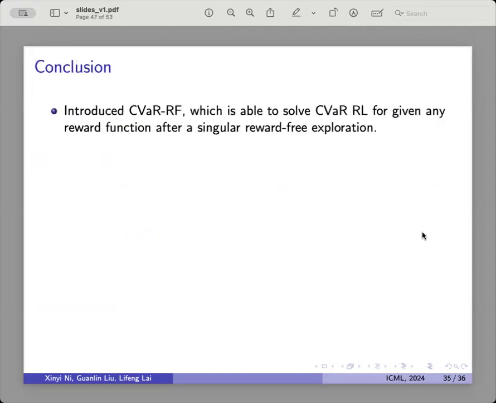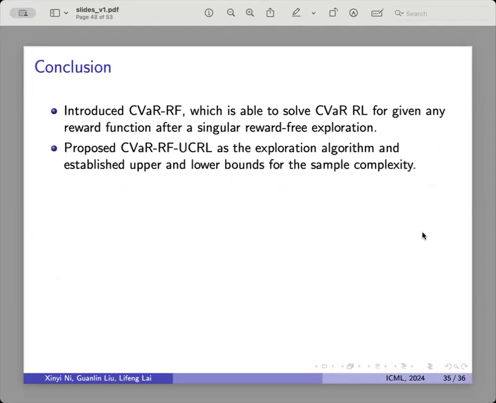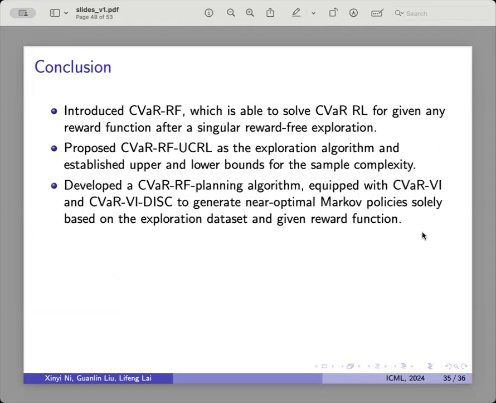So in this work, we have introduced CVaR-IF, which is able to solve CVaR-IF for any given reward function after a single reward-free exploration. We also propose an exploration algorithm and establish the upper and lower bounds for the sample complexity. We developed a planning algorithm equipped with CVaR-VI and a discretization version to generate near optimal Markov policies based on the exploration dataset.